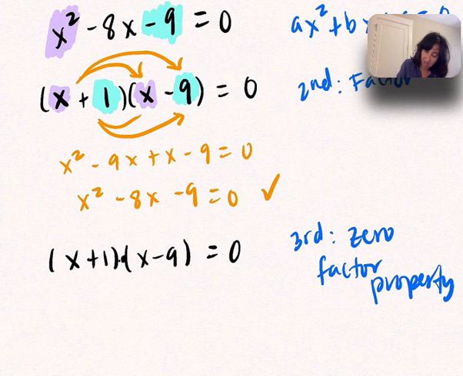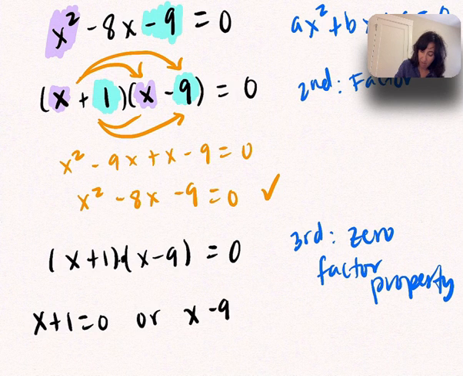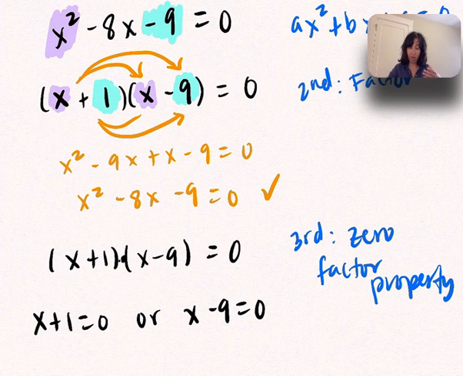So this means that either x plus 1 equals 0 or x minus 9 equals 0. Why? Because two numbers only ever multiply together to give you 0 if at least one of them is equal to 0. It's called the zero factor property.